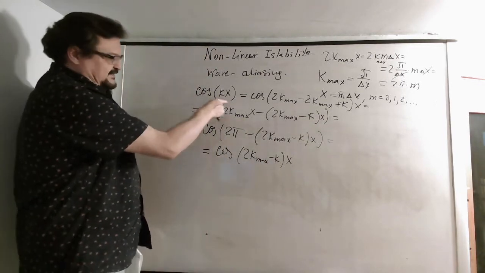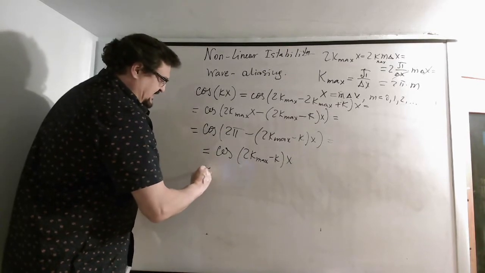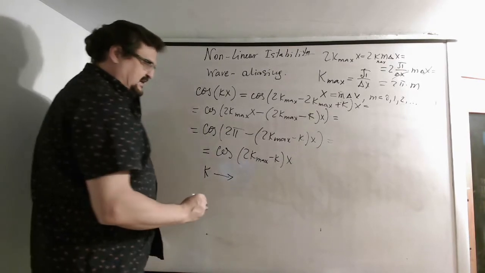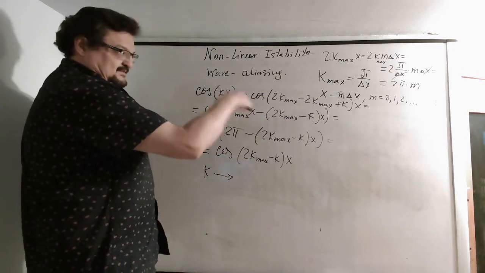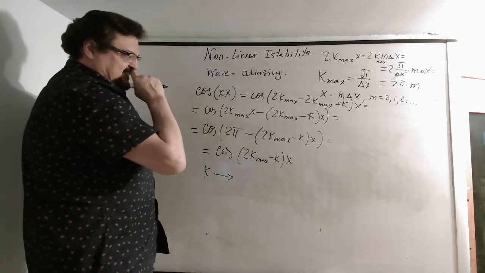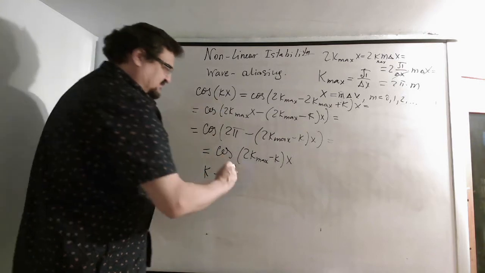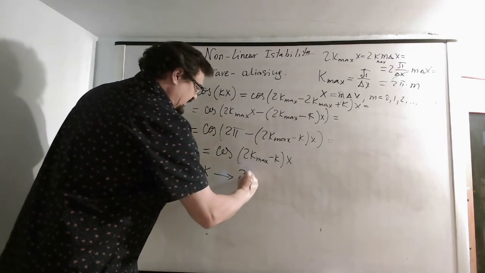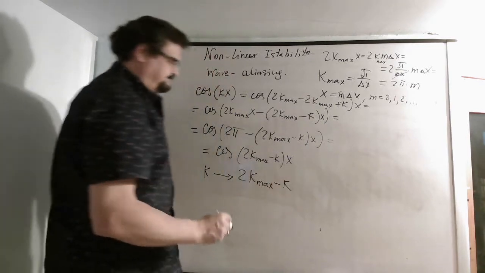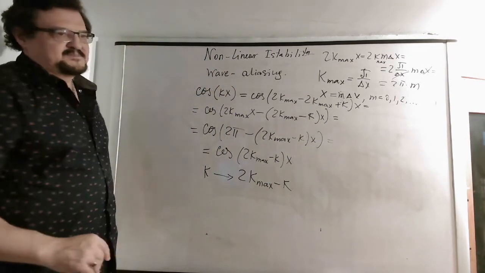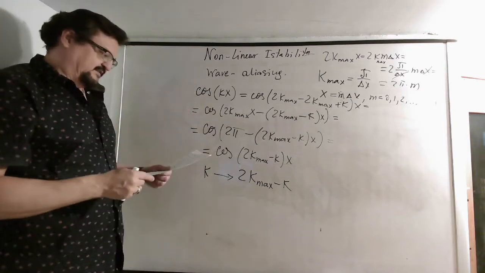So these two are the same. So wave number k can actually be the same wave on that limited grid as wave number 2k max minus k. It would behave the same as our original cosine function.